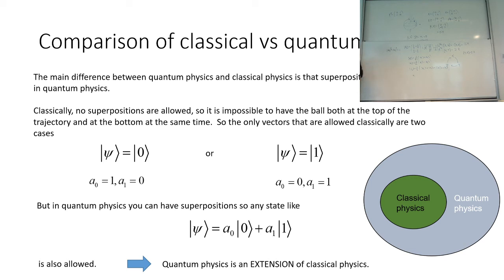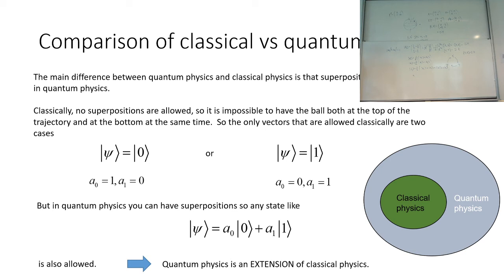Another way to view this is that quantum mechanics is an extension of classical physics, because these two are just two particular parameter choices of this more general state. Clearly that is just A0 is 1 and A1 is 0. And clearly that is A0 is 0 and A1 is 1.